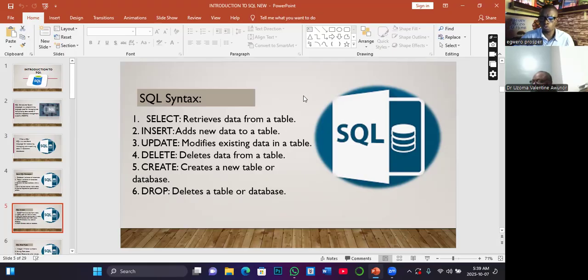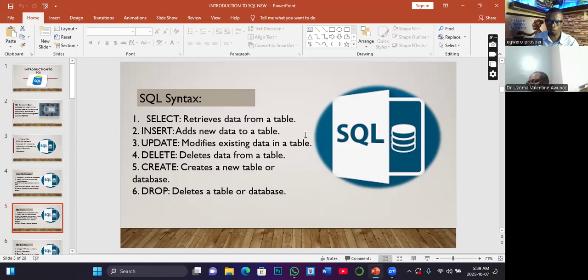So we are going to quickly shift our attention to the installation: how do I prepare my system for SQL analysis? If I want to use SQL to analyze data, what do I need to install? That will take us off from this slide.